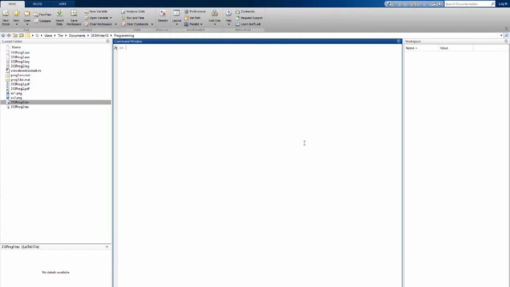Okay, so the first thing is that we need to declare these symbolic function variables. Now, declaring is something that, if you have a lot of experience with programming, is really useful.